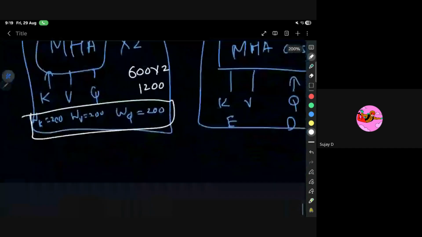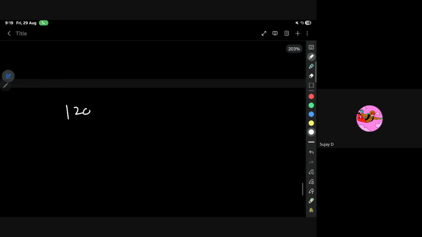So now the calculation changes. 1200 is coming from WQ, WK, WV, and 400 is coming from WO. These two things are for one head. Now multiply all of them by 2 also.